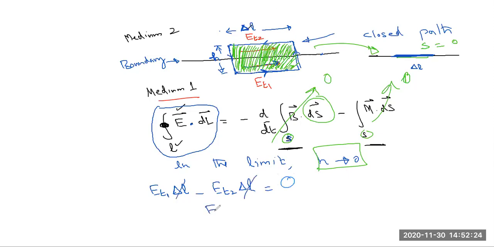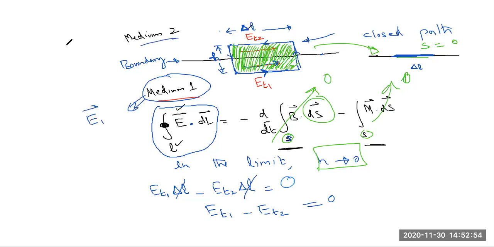So finally, what you get is ET1 minus ET2 is equal to 0. Now, what is the meaning of this equation? The important point is, again, we need to write this equation in vector form. In medium 1, the electric field can be generally represented by vector E1.